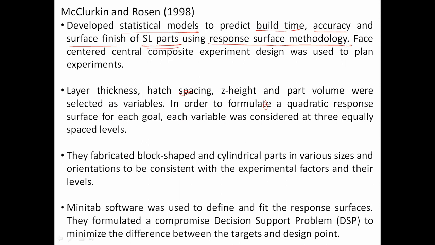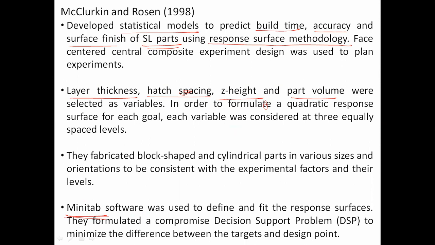They assumed layer thickness, hatch spacing, Z height, and part volume as the variables. So they had four variables, and they developed a quadratic model for each of the responses: build time, accuracy, and surface finish. They simply used a software called Minitab to fit the functions, find out the ANOVA table, and connect the responses.